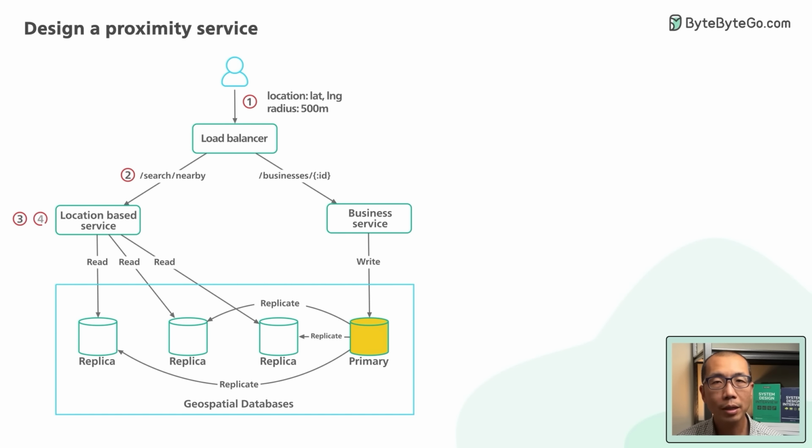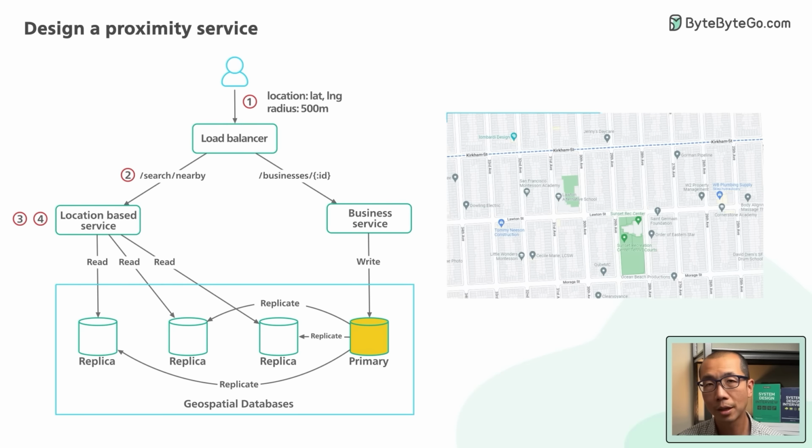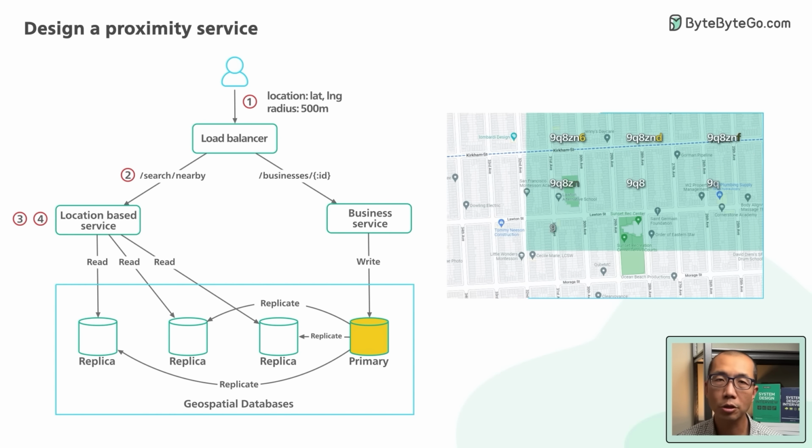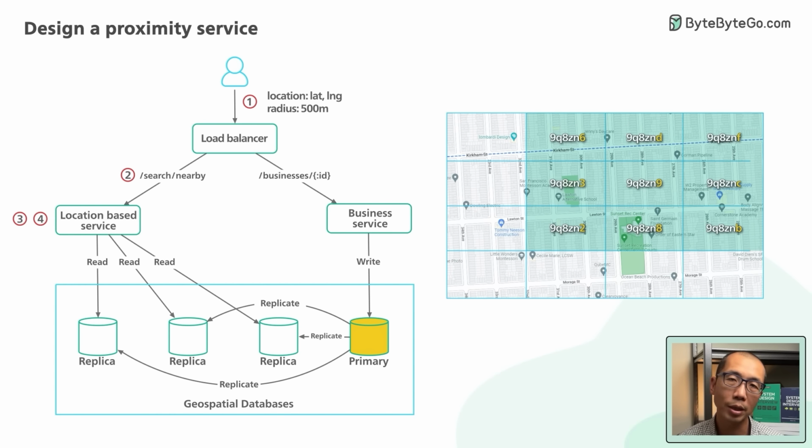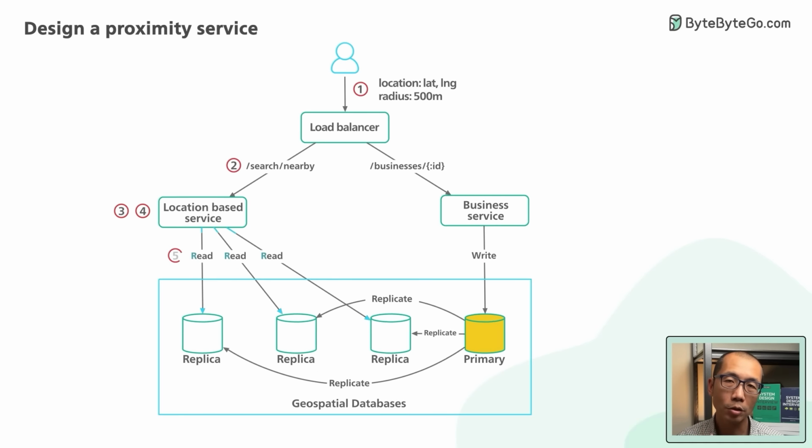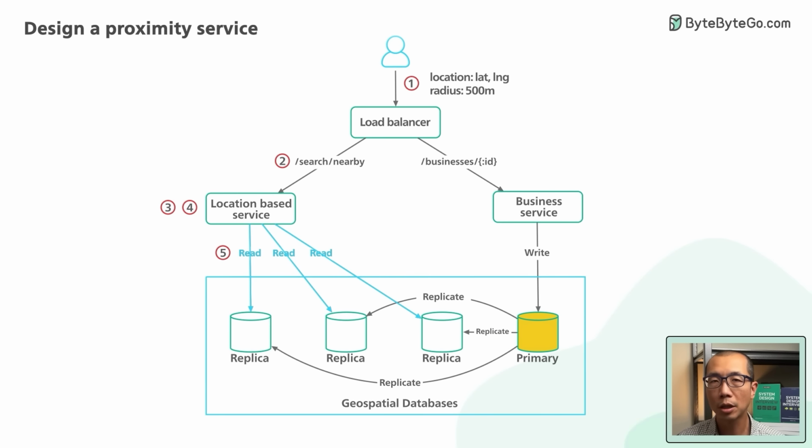The service calculates the neighboring geohashes. There will be a total of 9 geohashes to query against the geospatial index table. The service sends a query to the database to fetch the business IDs and their lat-long pairs within those geohashes. The service uses the lat-long pairs to calculate the distance between the user and the businesses, rank them, and return the result to the client.